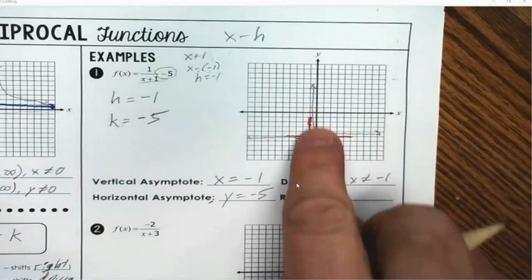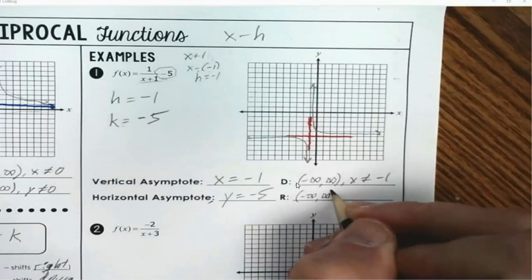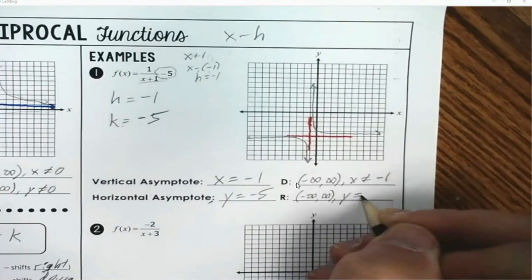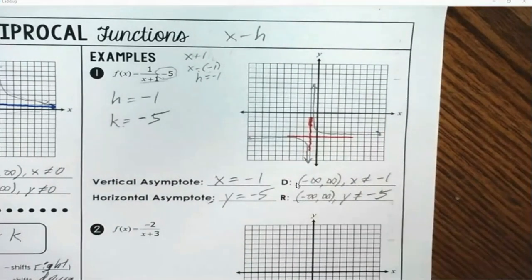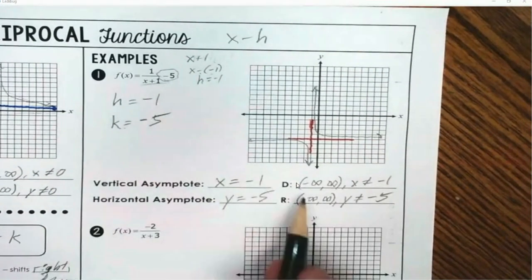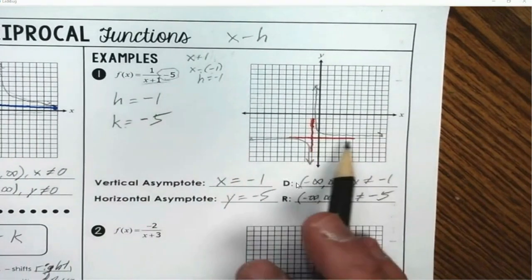It'll never touch -1. The range is -infinity to infinity, except y cannot be -5. I don't know if I explained that correctly. So that's not so bad. We were given the equation, we were able to get the asymptotes, we were able to get the domain and range, and saw the graph right where we expected it to be.